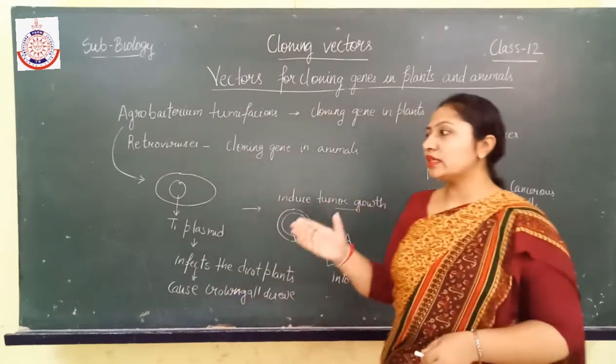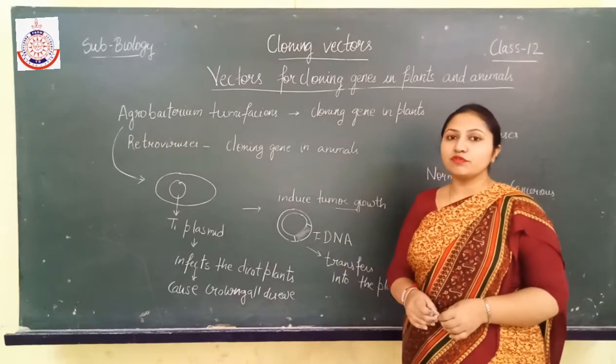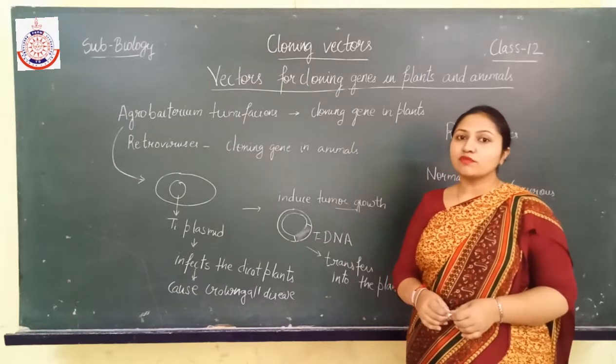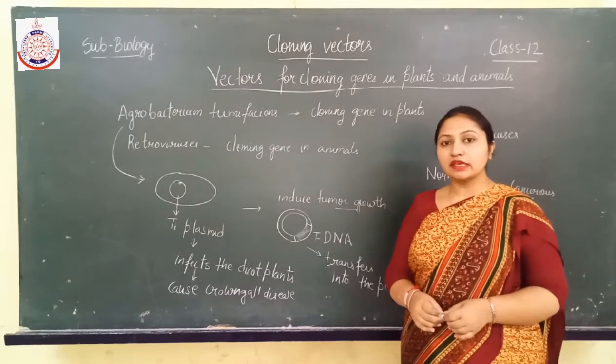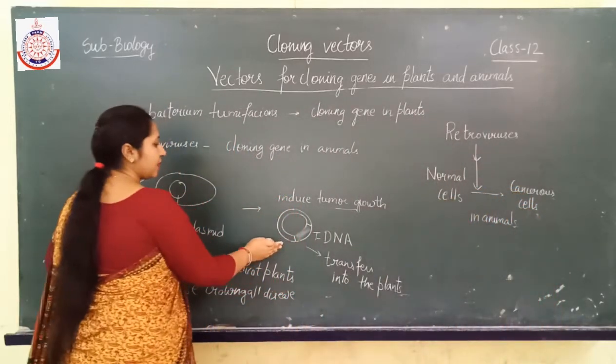Making the vector disarmed means removing the genes which are responsible for causing the tumor or the cancer. Suppose this is the Ti plasmid.